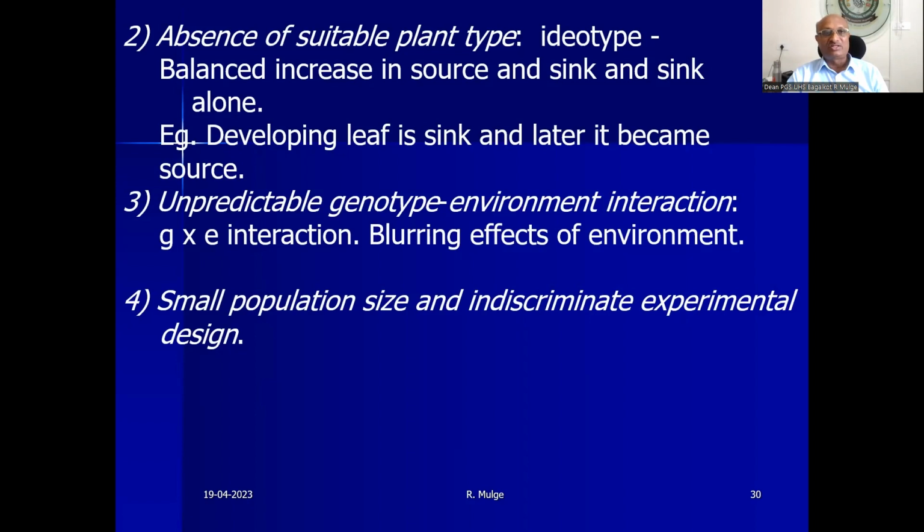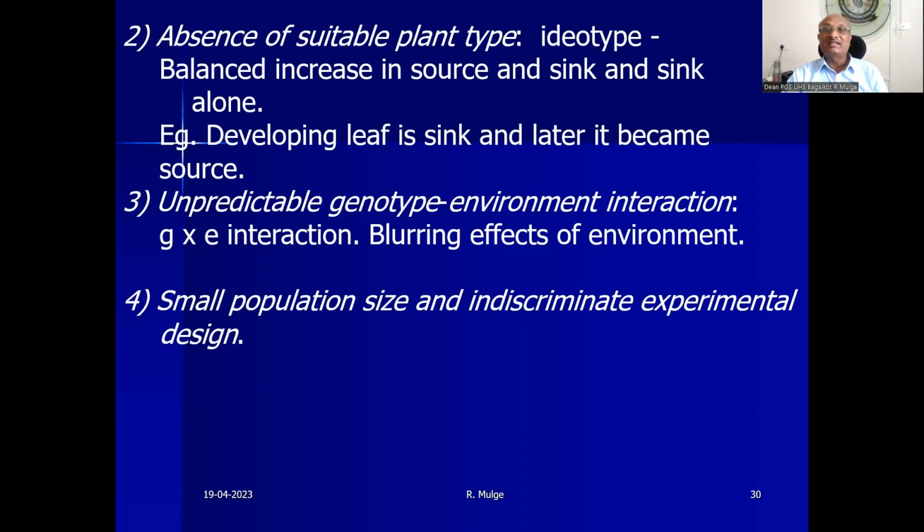You may not give that much area for raising the F2s. That is one of the drawbacks. Small population only you can make the selection from. If bigger the population size, the chances of having superior genotype is more.